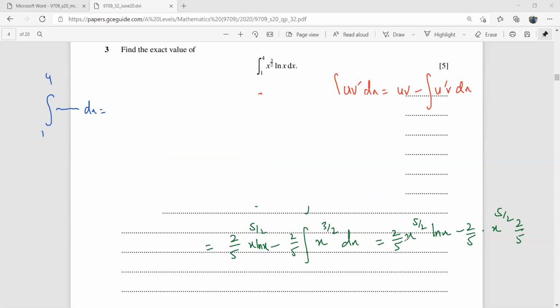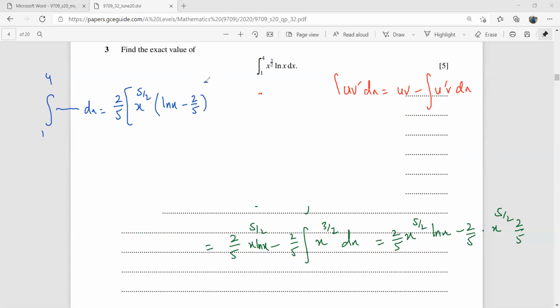Can I take 2 by 5 common from here, Hannah? And then this is 2 by 5. I'll keep this outside, and I'll keep x to power 5 by 2 common from here. And then into this, I have ln x, and then minus 2 by 5. Right? This is minus 2 by 5 here.